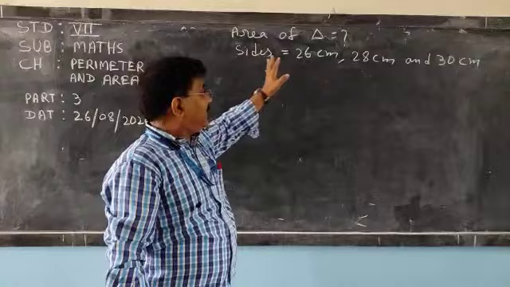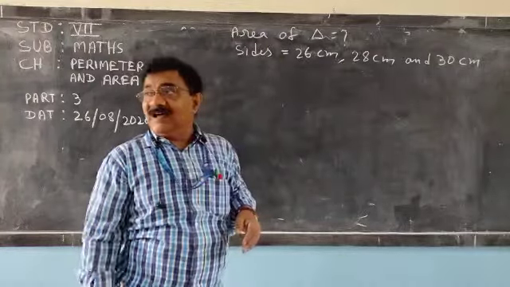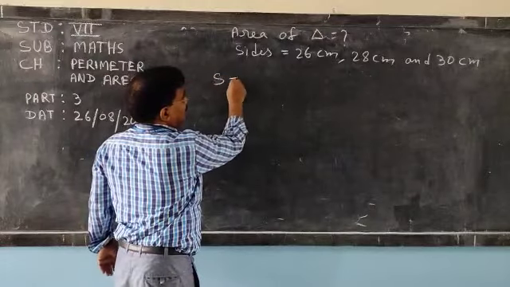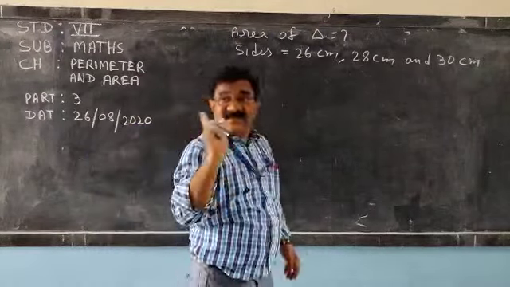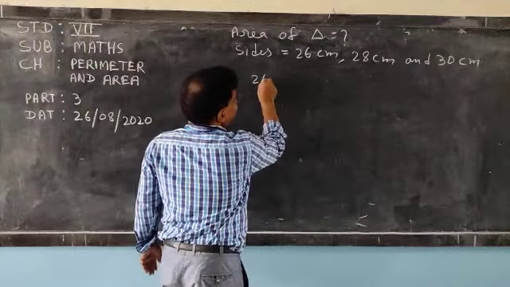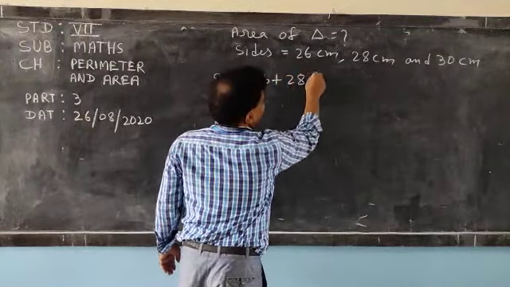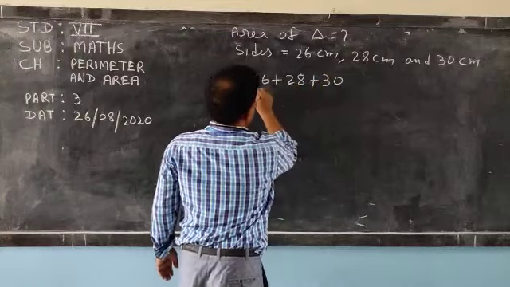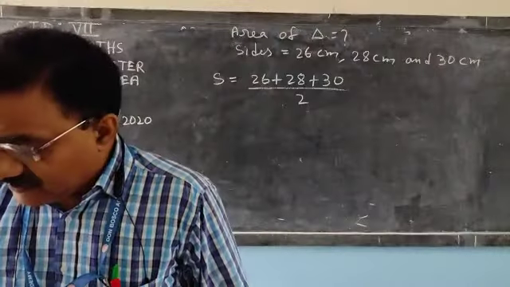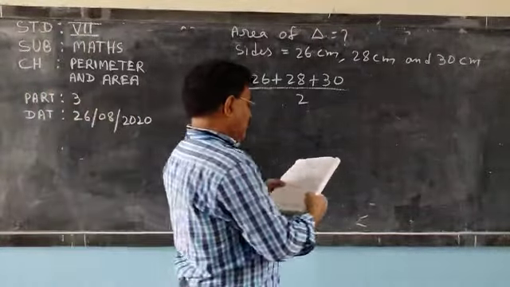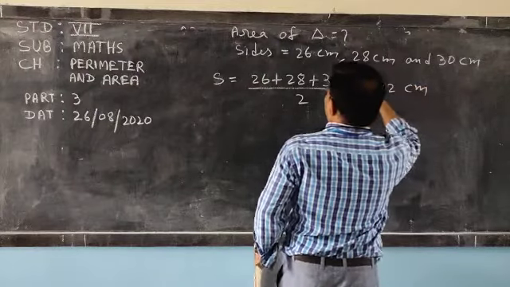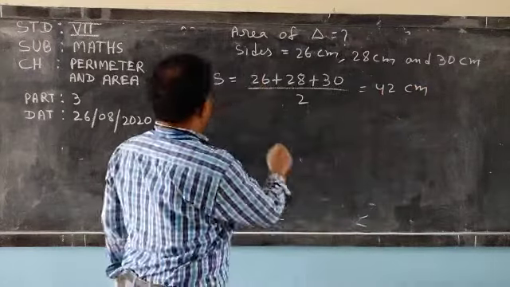So, before using Heron's formula, let us find out the semi-perimeter. And semi-perimeter will be equal to sum of three sides divided by 2. It means 26 plus 28 plus 30 and divided by 2. Okay. And it will be equal to 42. So 42 centimeter we have got the semi-perimeter.